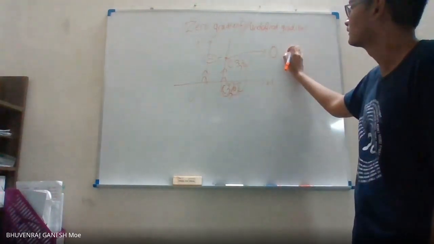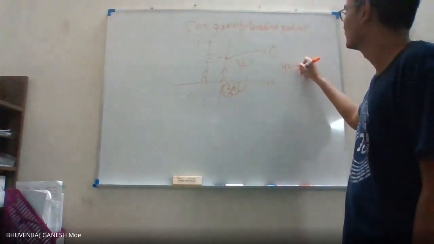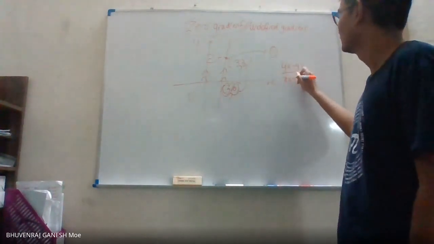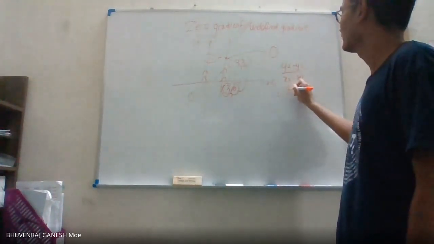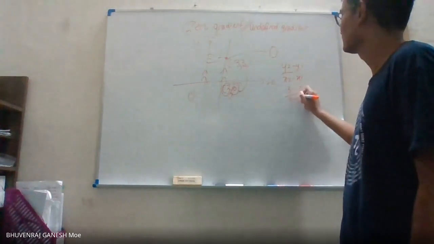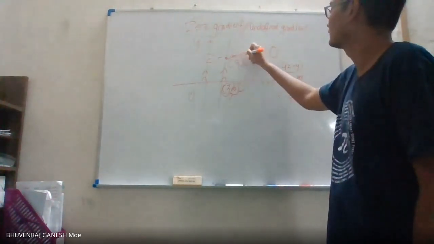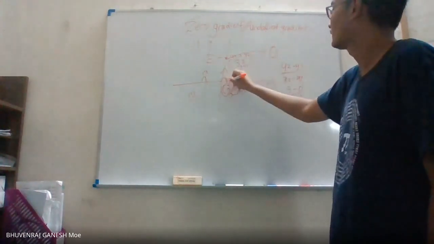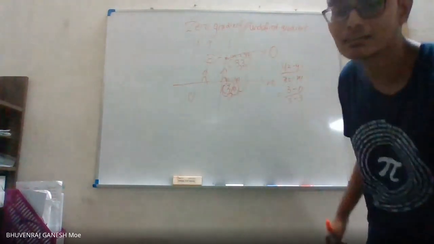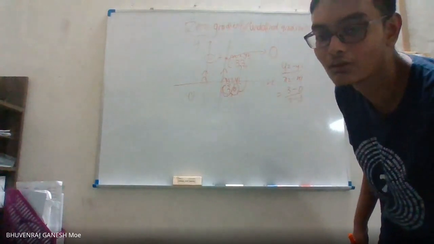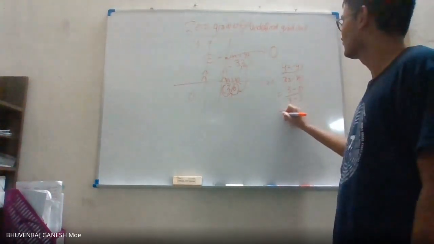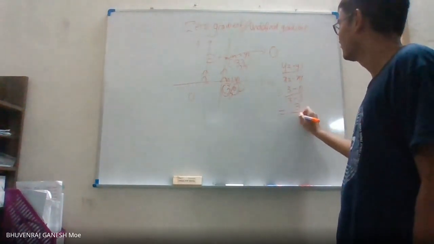If you want to find the gradient, use this formula again. You will get 3 minus 0 over 3 minus 3, if I assume this is x2, y2 and this is x1, y1. So you just assume your pairs like that, and you will get 3 over 0.